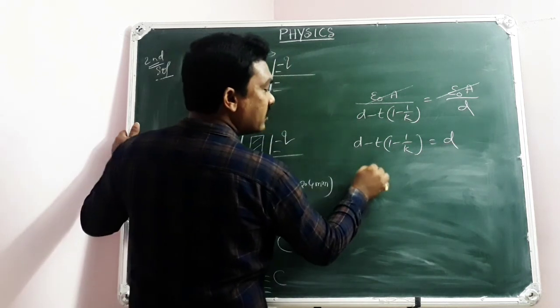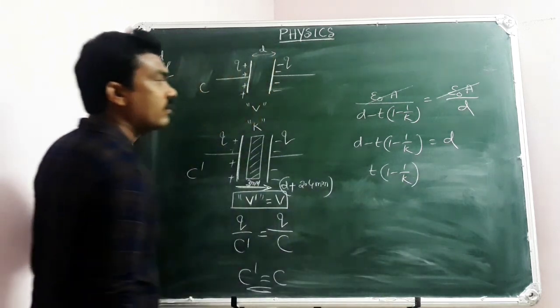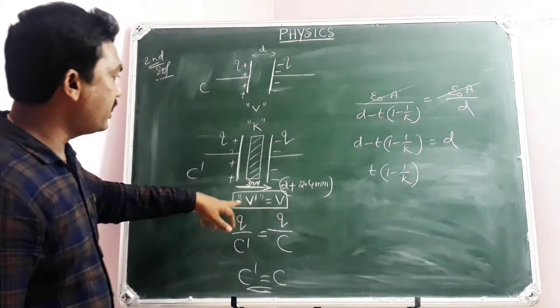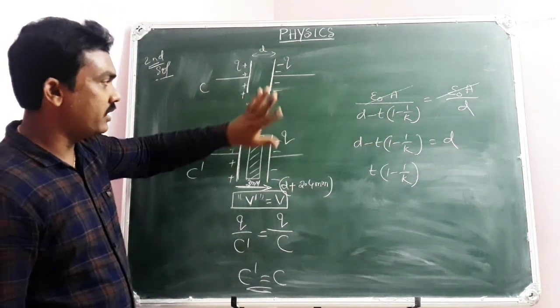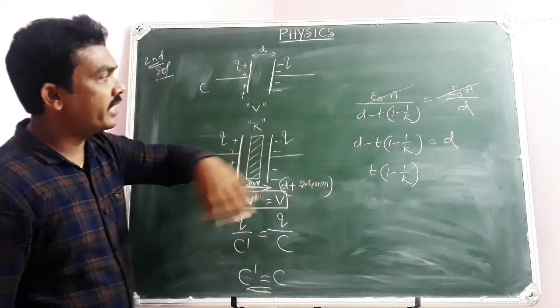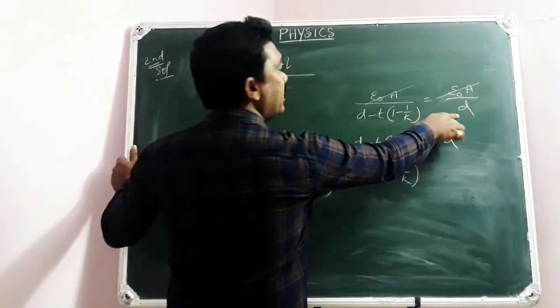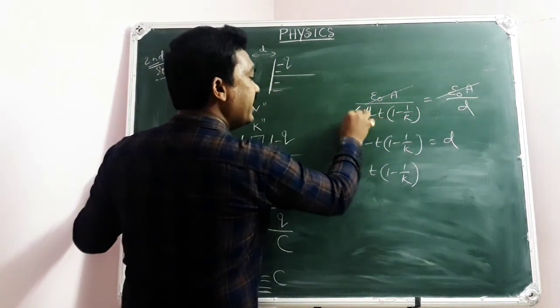Now, one thing you need to identify here: the distance between the plates is D, but in the other case the distance between the plates is D dash.